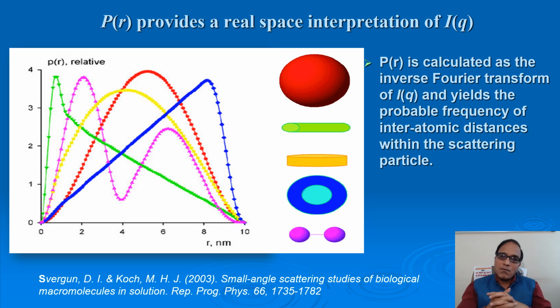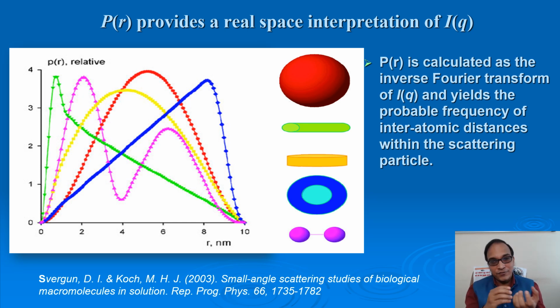However, I'm not going to detail it as it is a very big topic. Depending upon the SAS fitting, the small angle scattering fitting that we perform, this provides a real space interpretation. If you see the blue curve, it indicates the size of this aggregate, that composite.